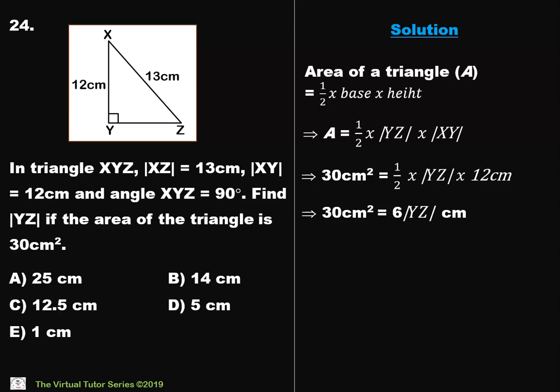Dividing both sides of the equation by 6 centimeters, we have the length of YZ to be equal to 30 centimeters squared over 6 centimeters. 6 centimeters into 30 centimeters squared is 5 centimeters. Hence, the length of YZ is equal to 5 centimeters. Thus, the correct answer is option D.